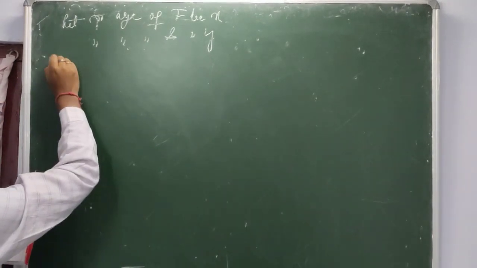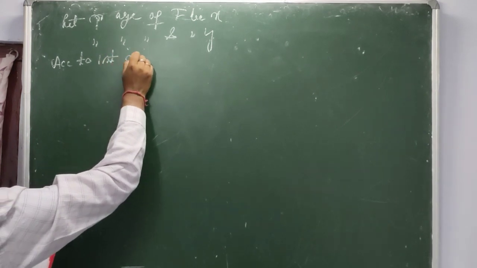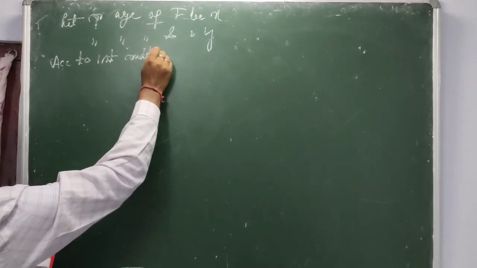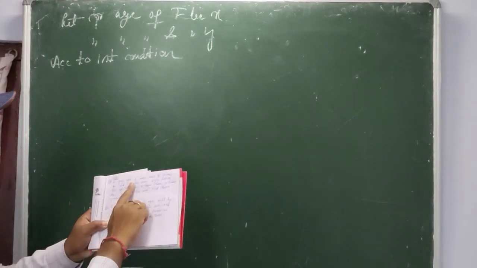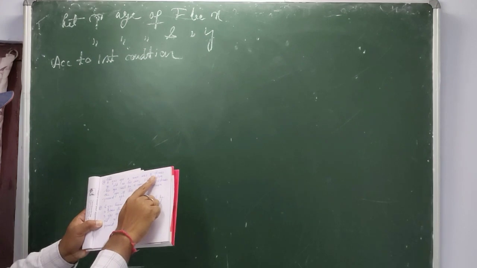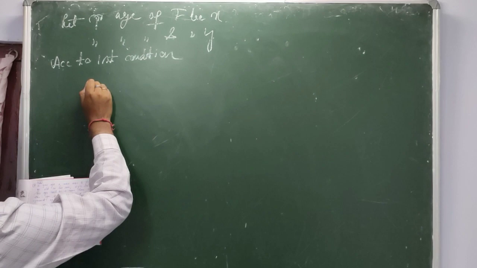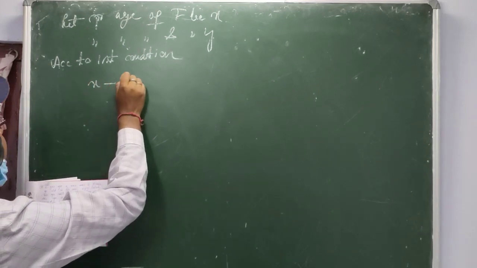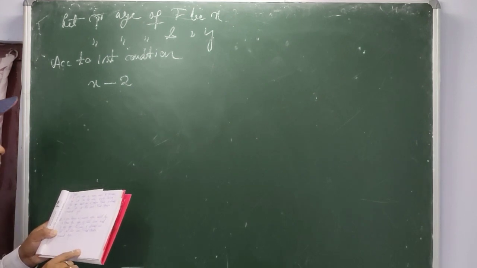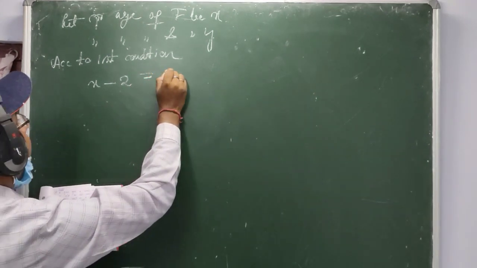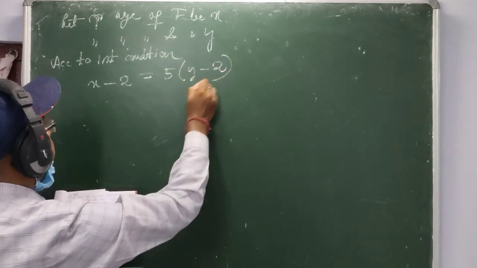Now, according to first condition, what is it telling? It is said that 2 years ago, a man was 5 times as old as his son. 2 years ago, that means father was x minus 2. 5 times means 5 bracket y minus 2.